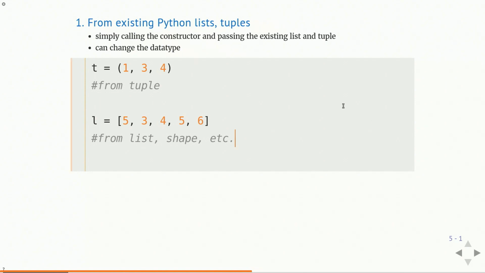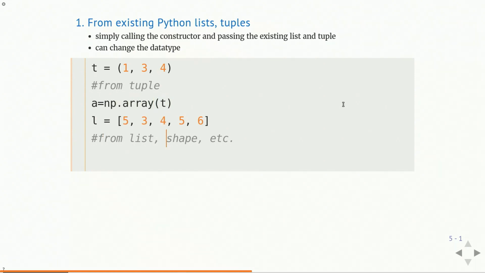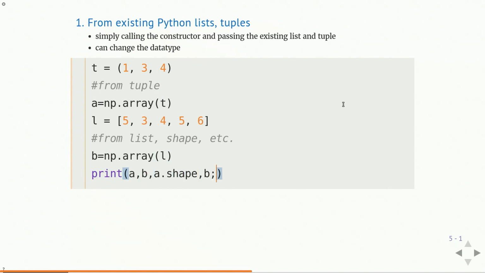So let's go and create arrays from these tuples. Executing it will display the shape of both the newly created NumPy arrays.